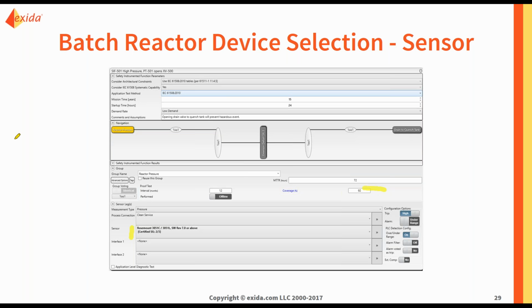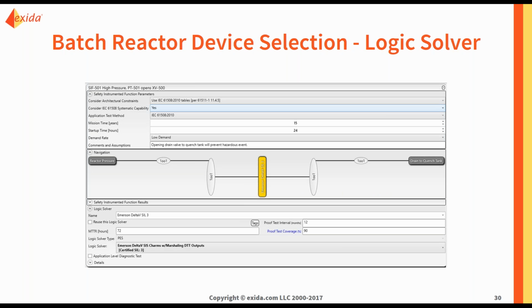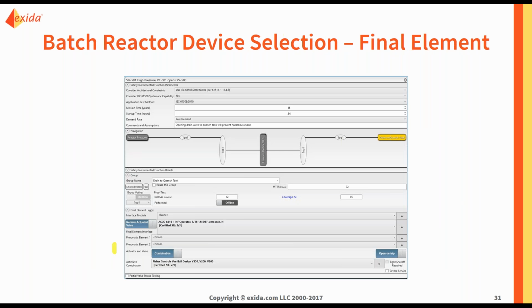Once your sensor is defined, you can move on to specify your logic solver. This looks a lot the same, but you can see now we're working with the logic solver. We have selected this piece of equipment, and you'll see mean time to repair, proof test interval, proof test coverage, etc. And finally, we specify the final element.